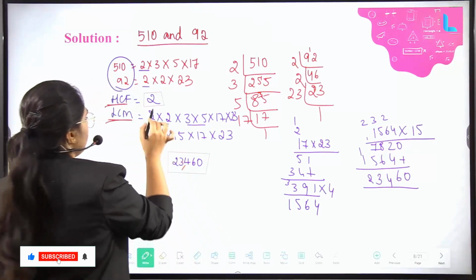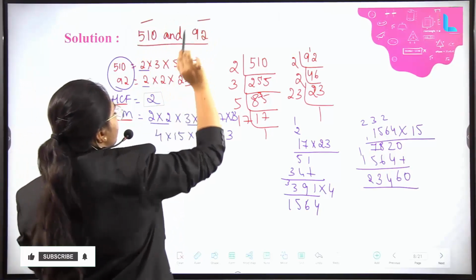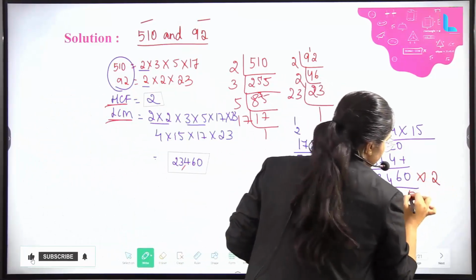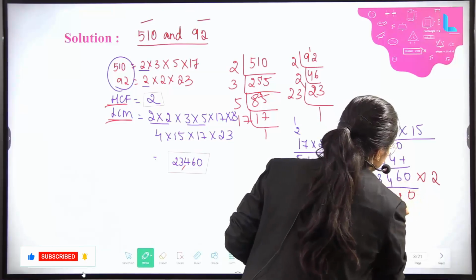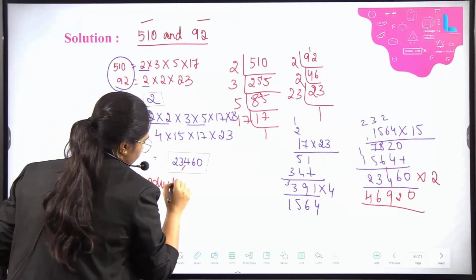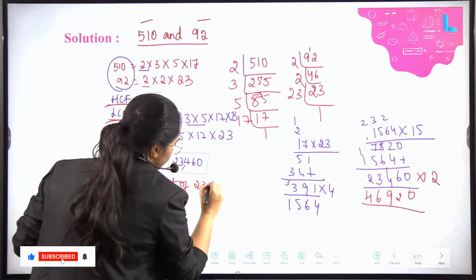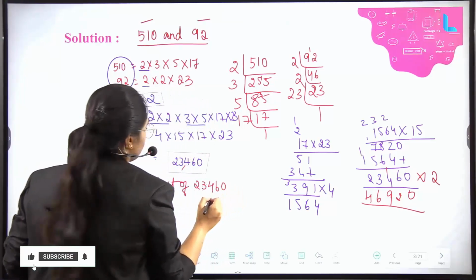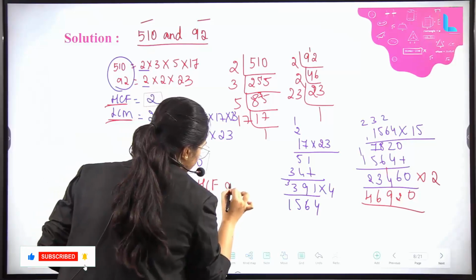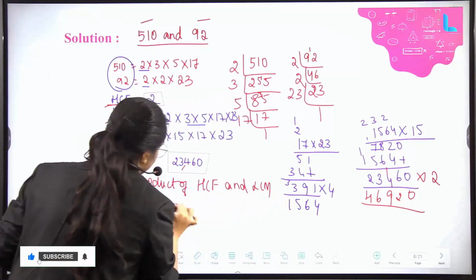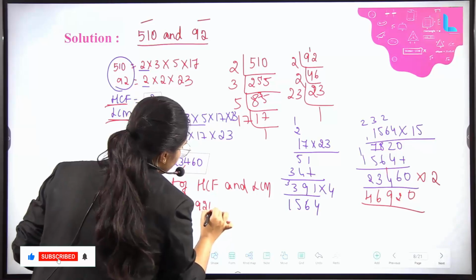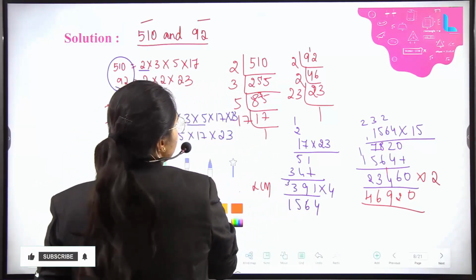Now we have to find the product of these two numbers, and the product of these two numbers must be the same. So the product of HCF and LCM is 46920.